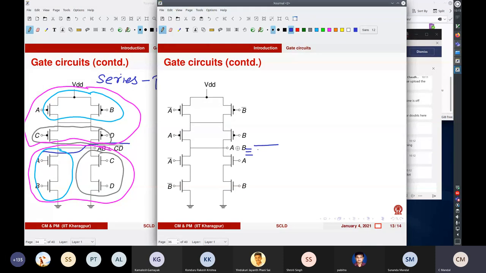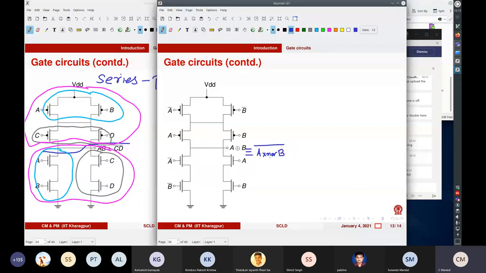I'm not sure whether there is a separate symbol, so I'm just writing it this way. It's a complementation of XNOR.